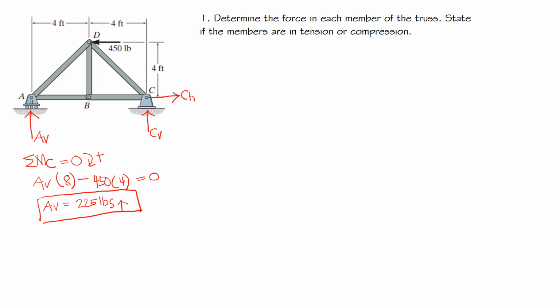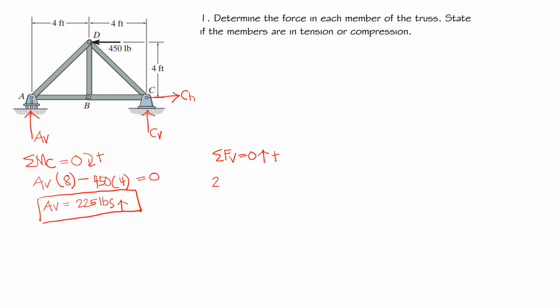Next, summation of forces vertical is equal to 0. Going up, positive. So there are only two vertical forces acting, AV and CV. So for the AV, we already solved the value to be 225 pounds.